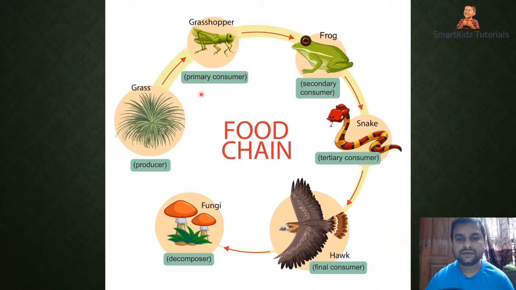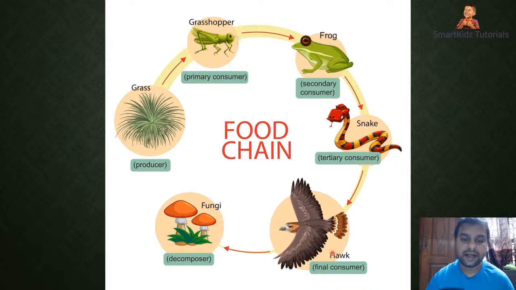Because this frog is consuming the primary consumer, it becomes a secondary consumer in this food chain. Frogs are consumed by snakes, who then become the tertiary consumers. And you have hawks which prey on snakes, and they become the final consumers.